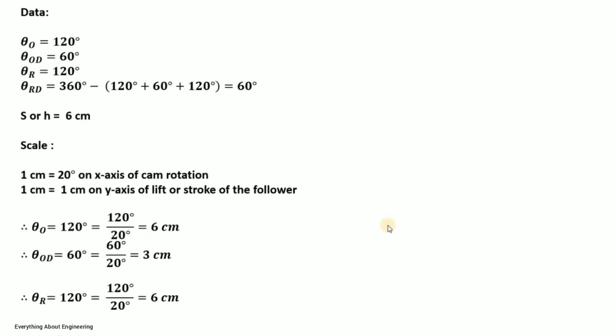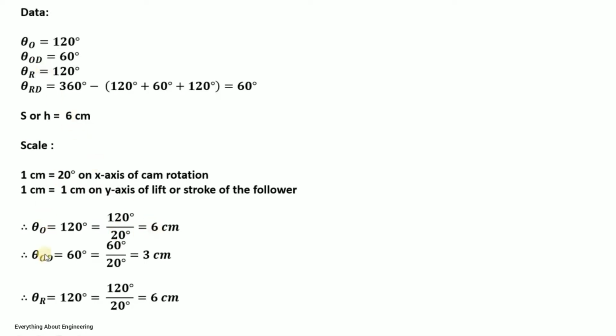Now the important part is to select the scale over here. The scale that we have chosen is 1 centimeter equals 20° on the x-axis of cam rotation. Then 1 centimeter equals 1 centimeter on the y-axis of lift or stroke of the follower. So outstroke is 120°, divided by the scale 20, that is 6 centimeter.